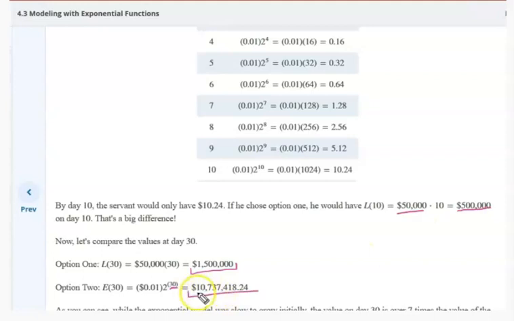After 30 days, you end up with $10,737,418.24. So again, option 1 shows linear growth, while option 2 shows exponential growth. Notice this linear is a straight line, and you get this type of curve for exponential growth. All right, let's go on.